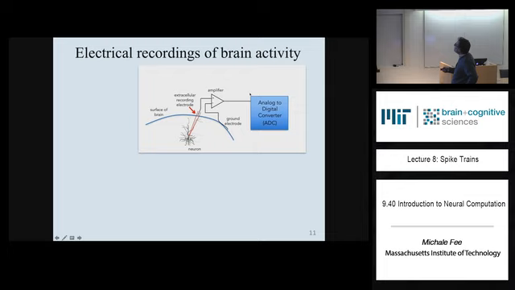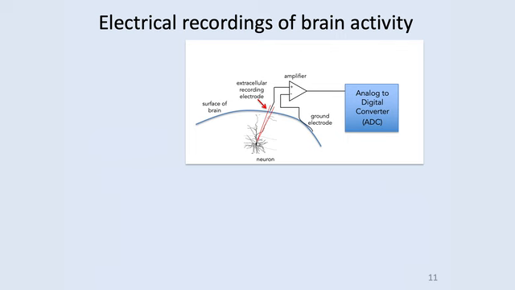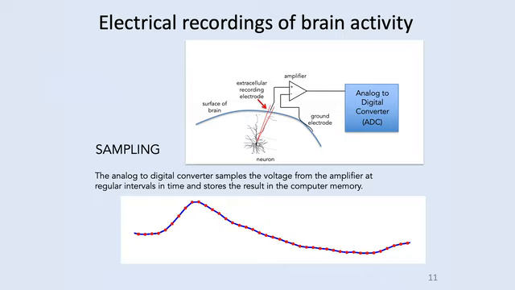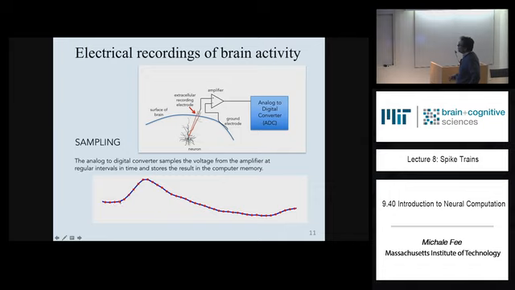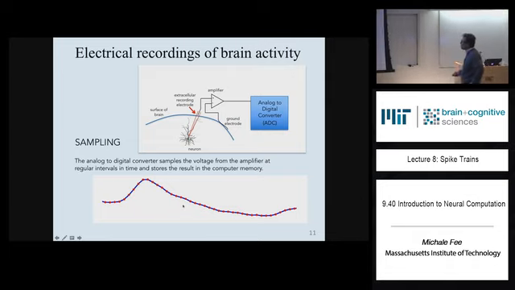We then take the output of that amplifier and put it into an analog to digital converter that then measures the voltage at regularly spaced samples and stores those voltages digitally in computer memory.